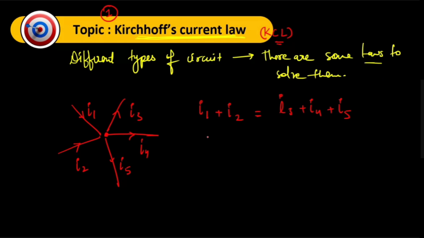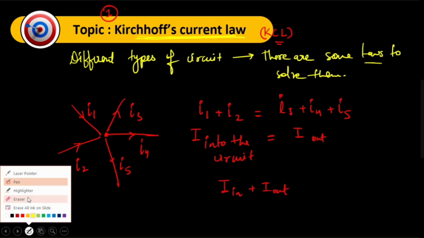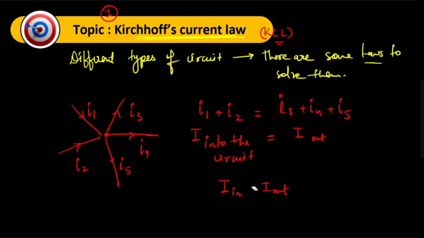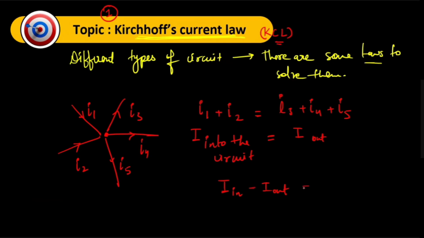So this is something like current coming into the circuit equals current going out. Whenever we subtract them, the actual net thing flowing is zero.